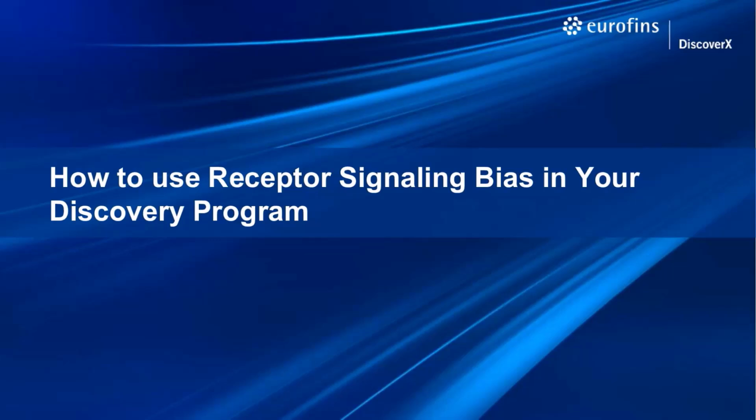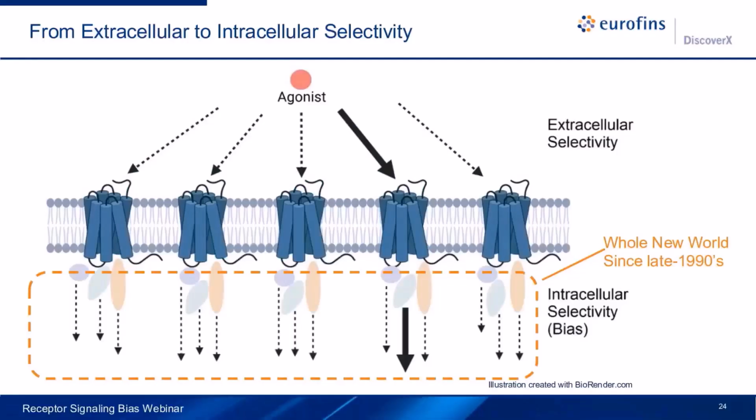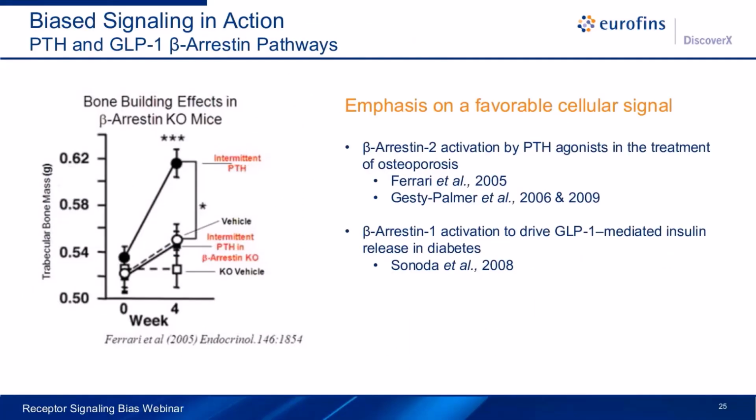So how do we apply this, use it in our discovery program? We all know that agonists can interact with various receptor types, but then within each type, we have differences in signaling patterns. So just think of it as another layer of selectivity. So we can use this in various ways.